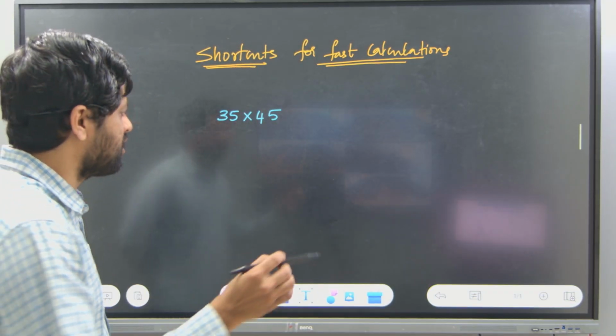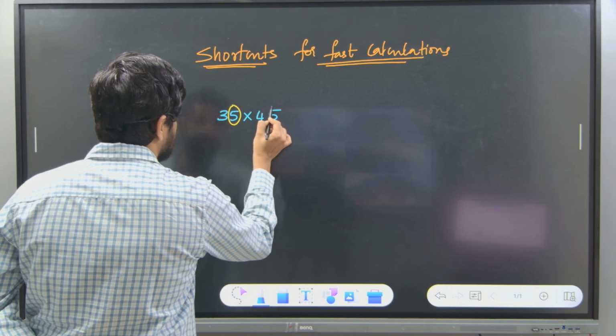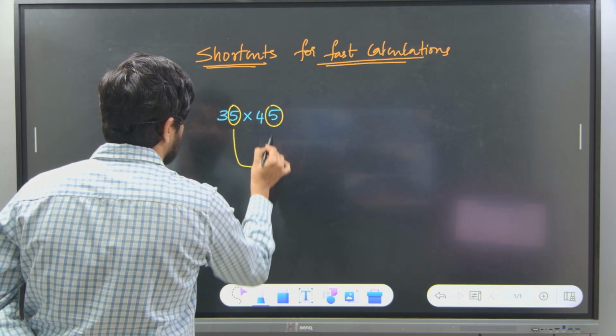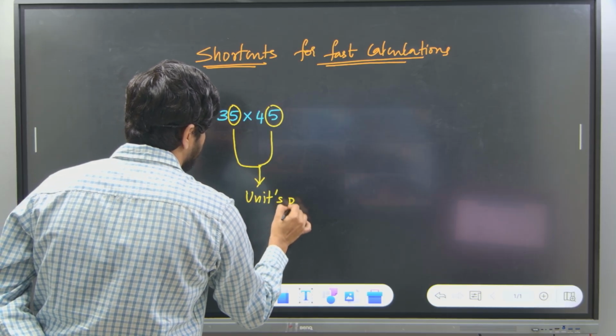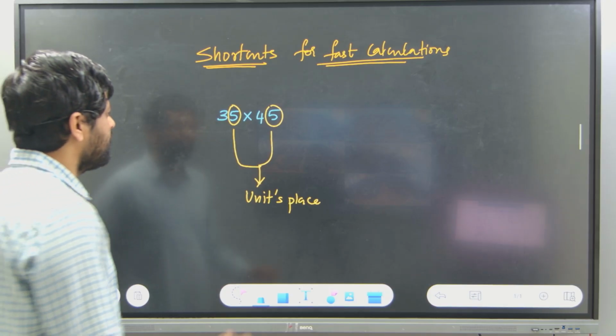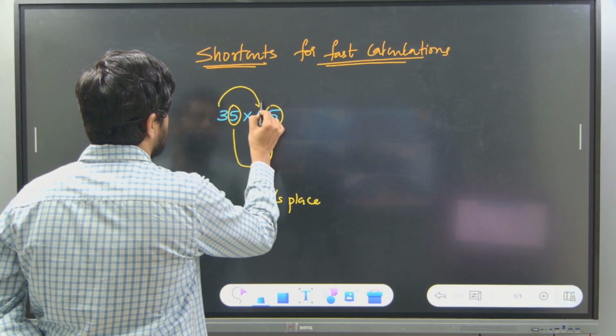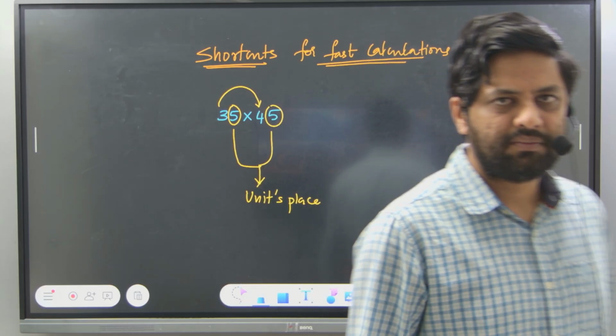So what happens is, especially when you're dealing with numbers where the units place of both numbers is 5. Units place is 5. And more importantly, these numbers are two consecutive tens digits: 3 and 4 are consecutive numbers, one after the other.